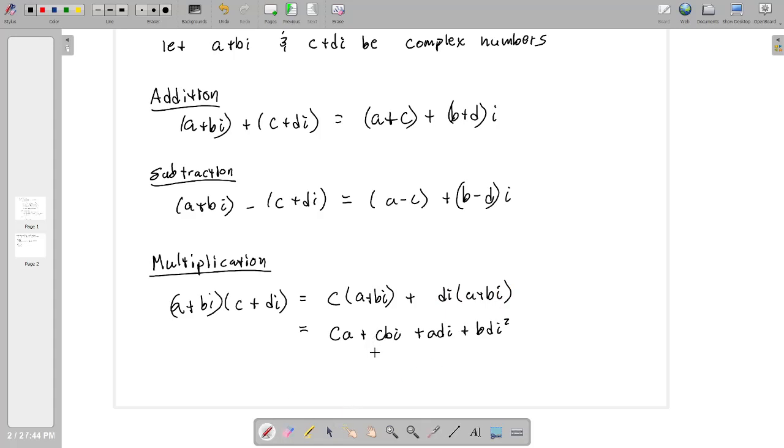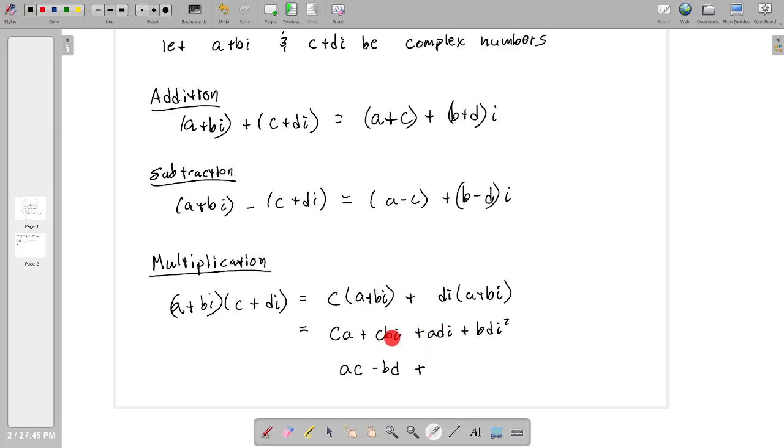Now, we take our two real parts, ac and bd. This becomes a real part because i squared becomes -1. So we would end up with ac minus bd, our real part, plus our imaginary part, which will be bc plus ad.